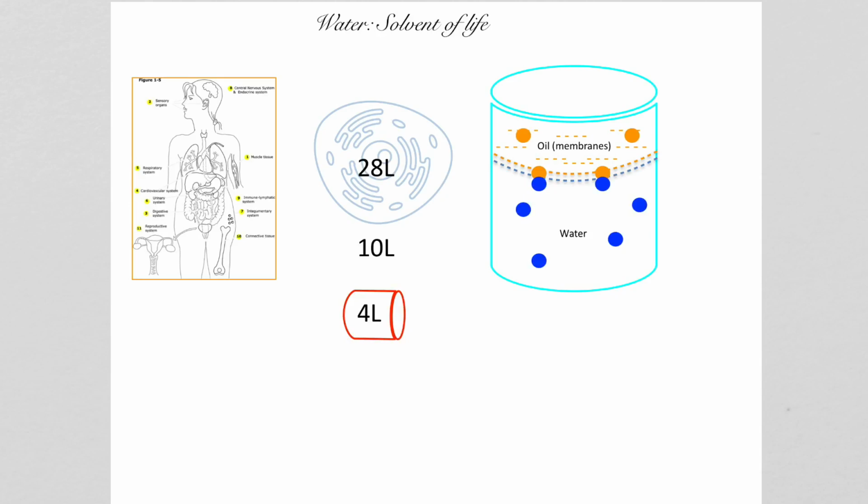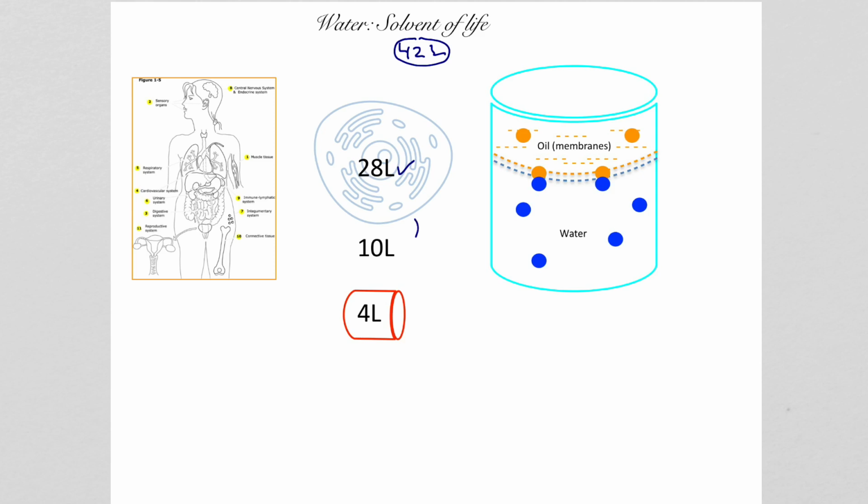So the 42 liters of water that an average human has is distributed in various compartments. Inside the cell, or intracellular, there's about 28 liters.